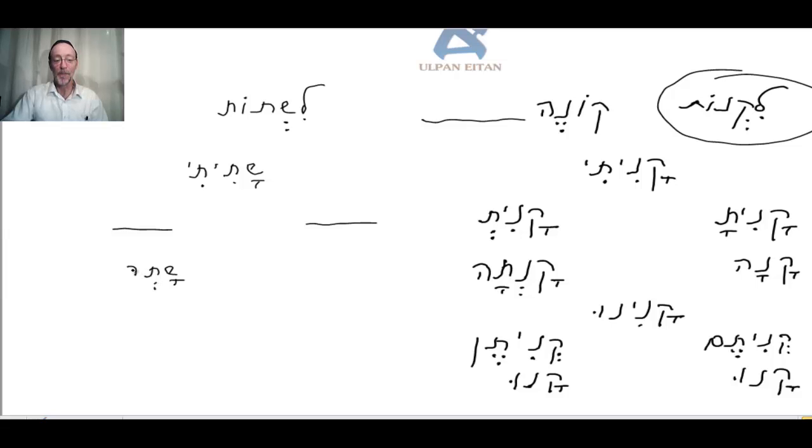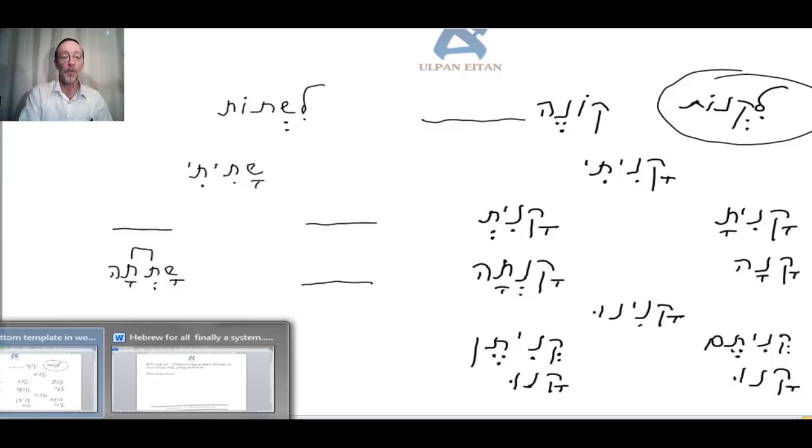Instead of kanta and shata, because I have the two tavs right next to each other in the middle of the word, Israelis say shatata, and then shatinu, shatitem, shatiten, shatu. You can go and practice that with all your liknot type verbs.